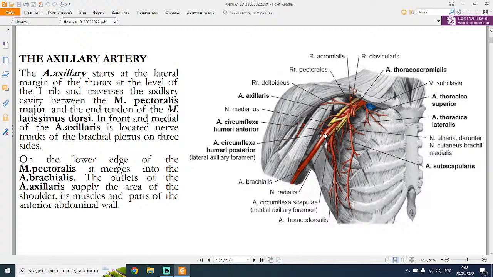The axillary artery supplies the area of the shoulder, its muscles and parts of the anterior abdominal wall. Arteria axillaris.